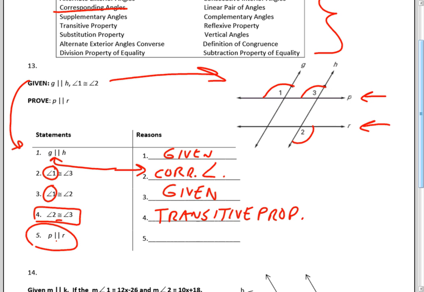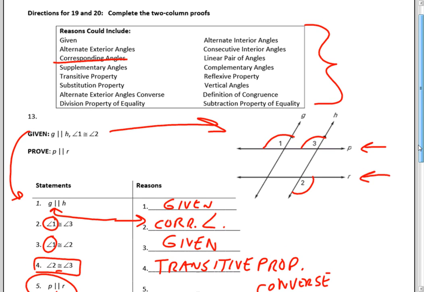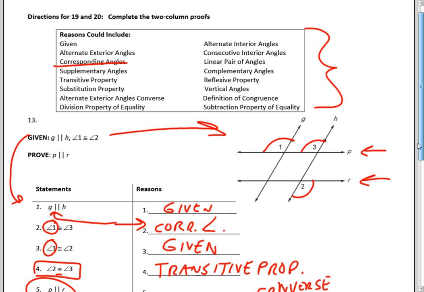If you're trying to show that something's parallel, what should be the last word you write down? Converse. You have a couple different converse statements that you can write, or reasons that you can write. But what's the only one that mentions converse up here? Alternate exterior angles.